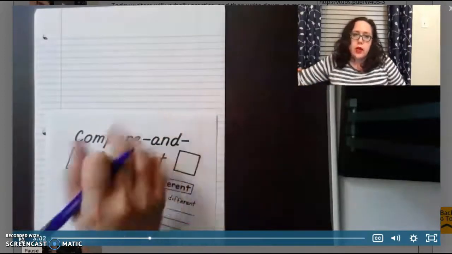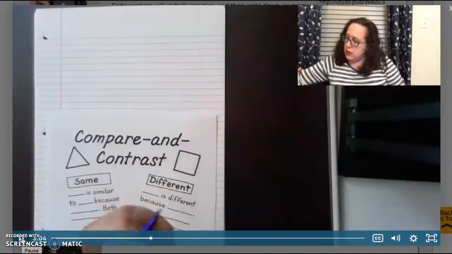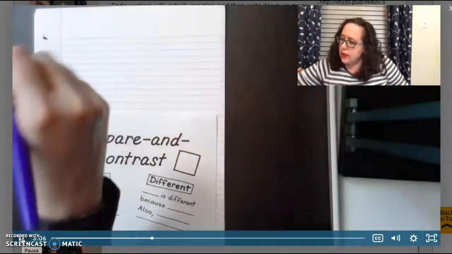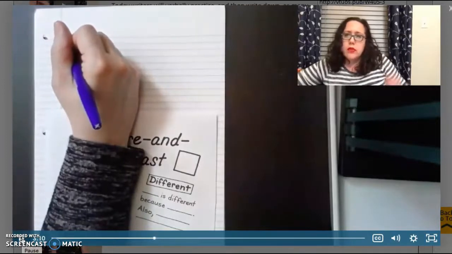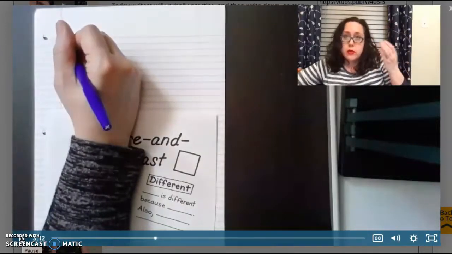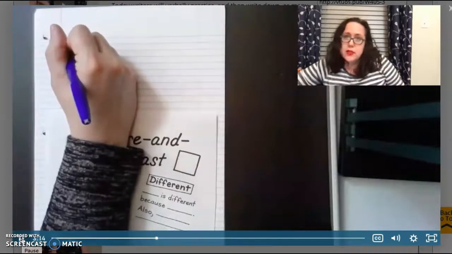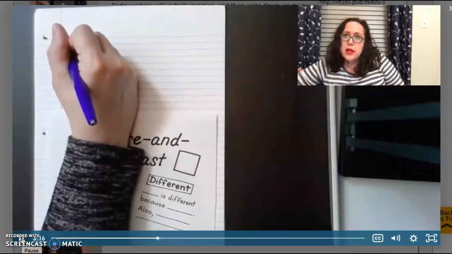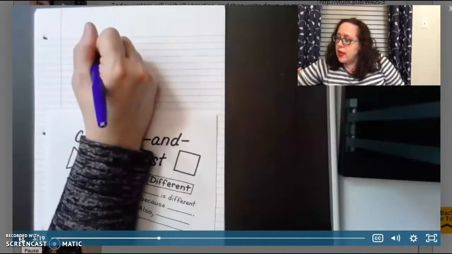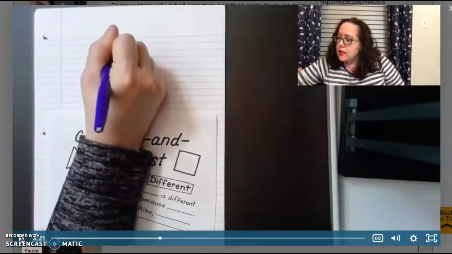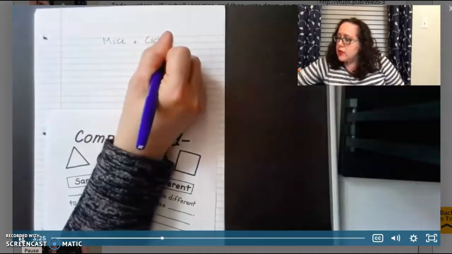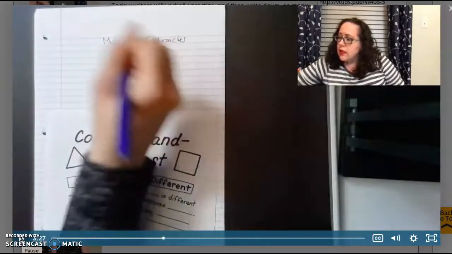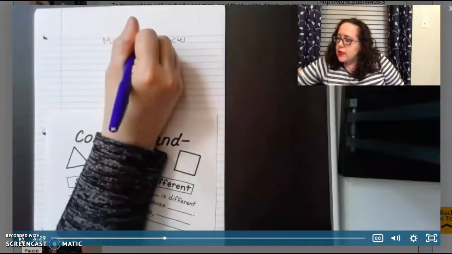Another one that you can try is compare and contrast. What's interesting about compare and contrast is that we can do things within our topic, or we can do things outside our topic. So I'm going to do getting rid of cockroaches and mice. Getting rid of them, I'm going to stick with that topic.